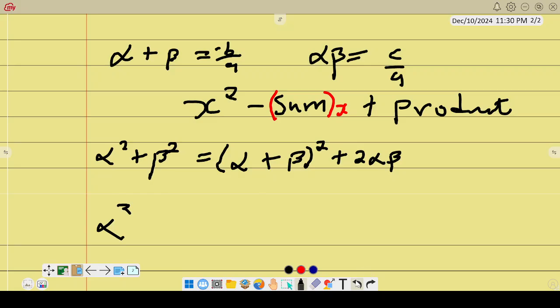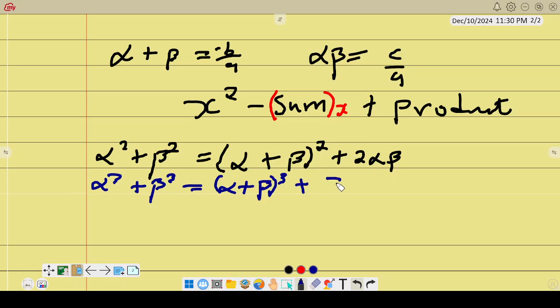And then if we have alpha power 3 plus beta power 3, I've taught you very well that this is alpha plus beta cubed. If you forget, you have to expand this and make that the subject. Plus here we factorized, we had alpha plus beta. So I'm leaving you this exercise.